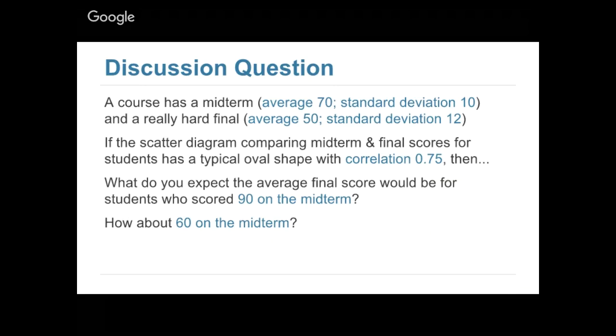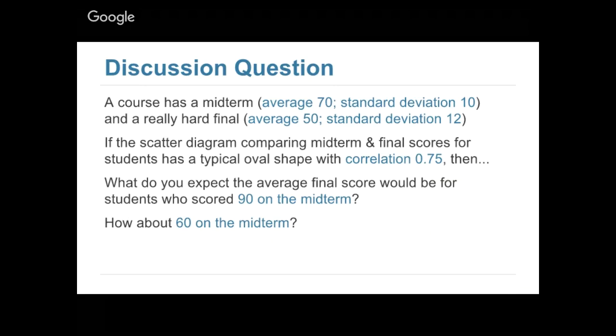The y would be 1.5 standard units for the final exam. Let's try to convert that back to the original unit. So 1.5 times 12. What is that supposed to be? I know 15 times 12 is 180, so it would be 18 plus 50, 68 on the final.